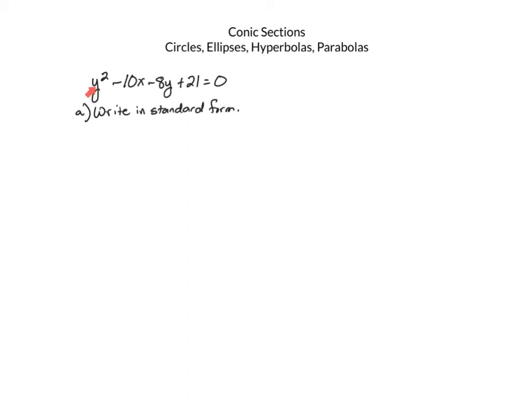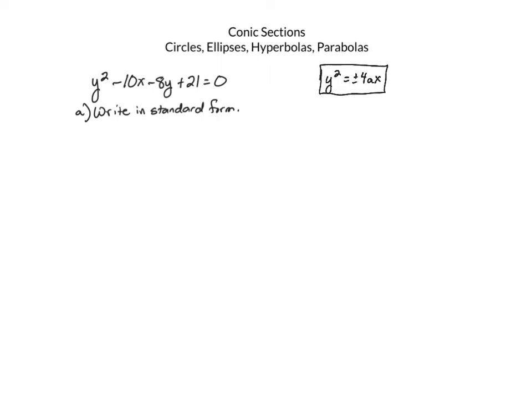Because we have one quadratic term, we do not have another one. In other words, we have a y squared, but we don't have an x squared. So I expect it to look something like this: y squared equals plus or minus 4ax. I don't know whether the coefficient of x is going to be positive or negative.